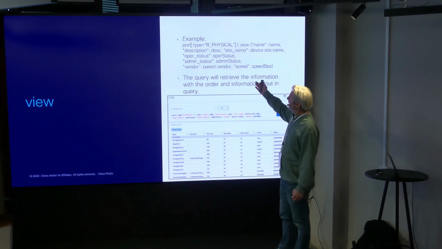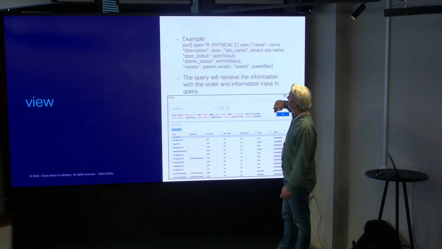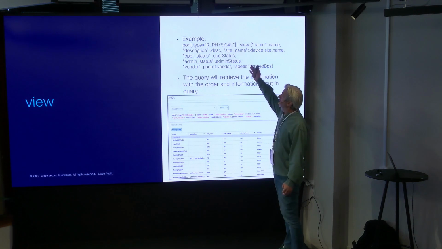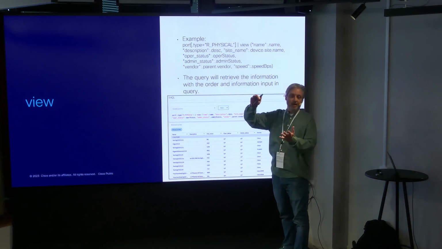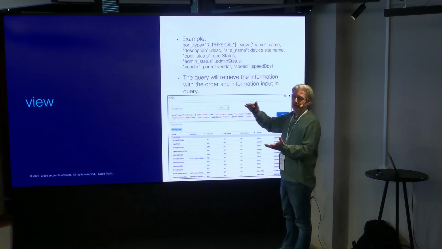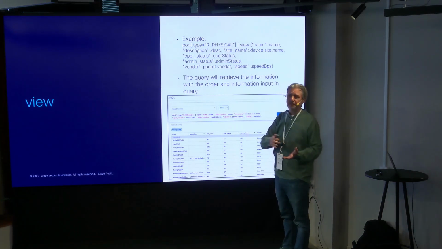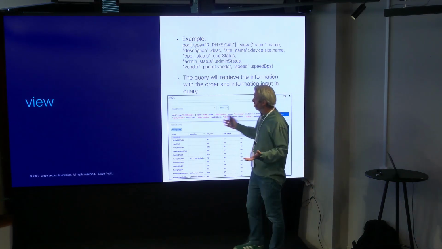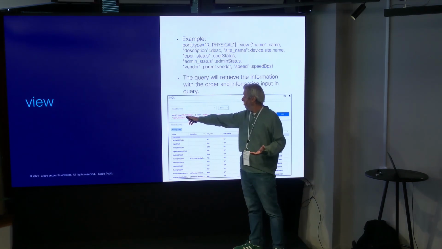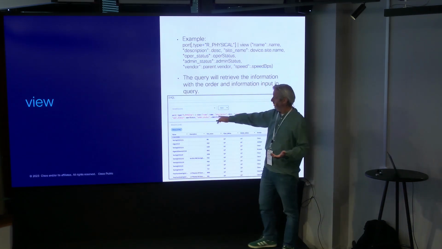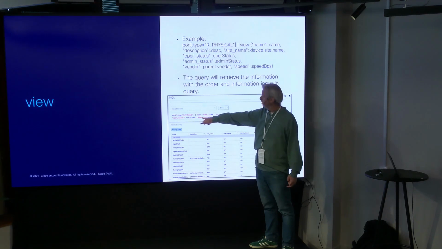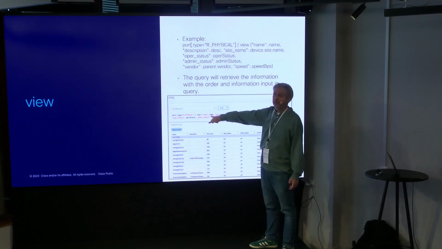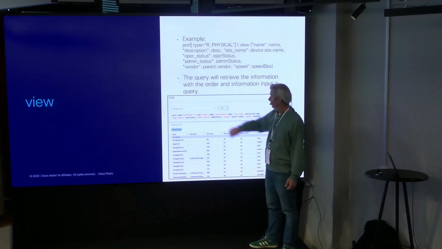So in this case, I want to show you how to create a view. We saw that each type, each object might have tons of different attributes, but I'm not interested in all these attributes. I just want to see, please bring me all physical ports and let's create a view. So an attribute called name, or column called name, will be filled with values from the attribute of the object .name.